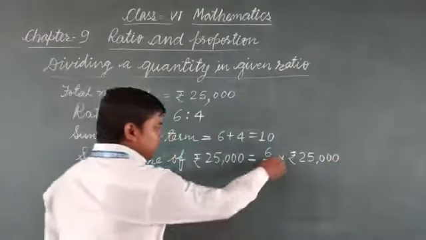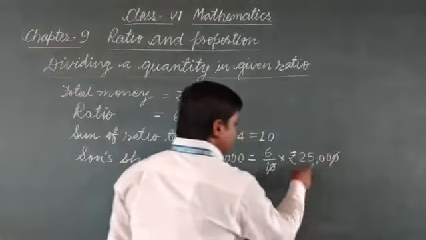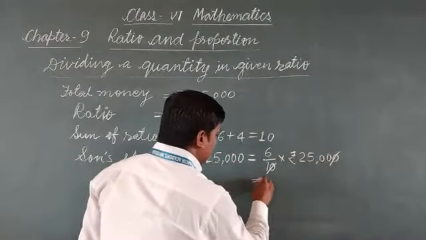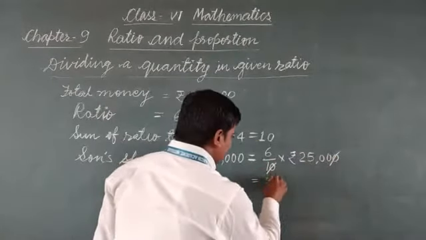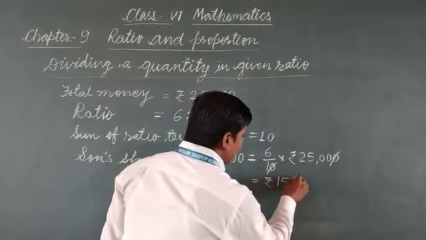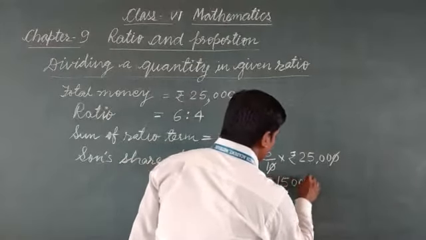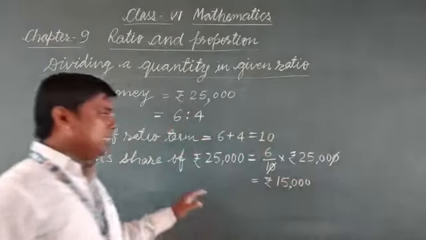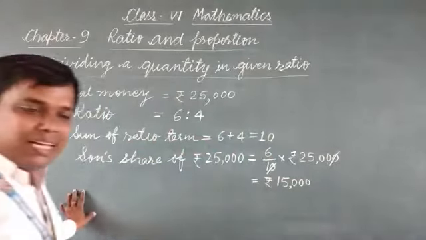Now you will solve: the 10 and 10 cancel, 25 times 6 is 150, so rupees 15,000. The son will get 15,000.